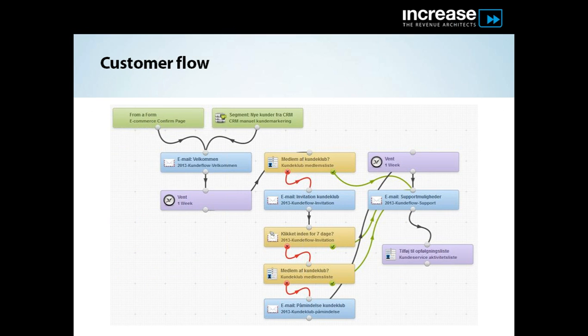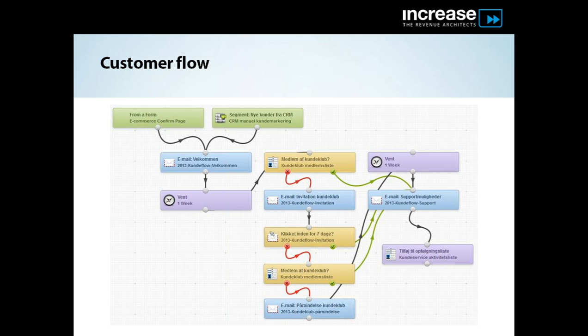Another example could be a customer flow. When you qualify as a customer, maybe people are transferred directly from your web shop confirmation page to this, so that data flows directly from your e-commerce system into your lead nurturing system.